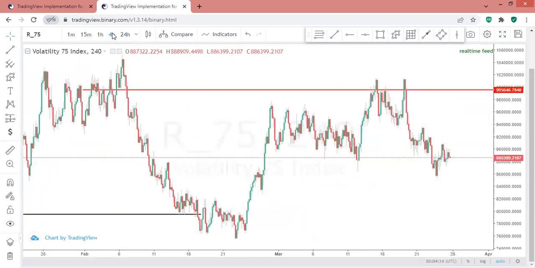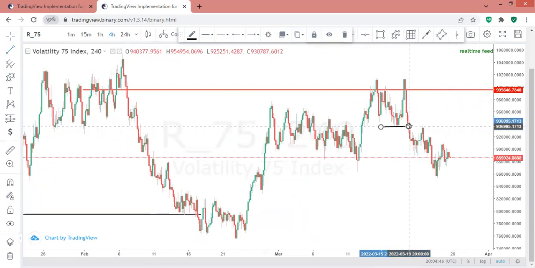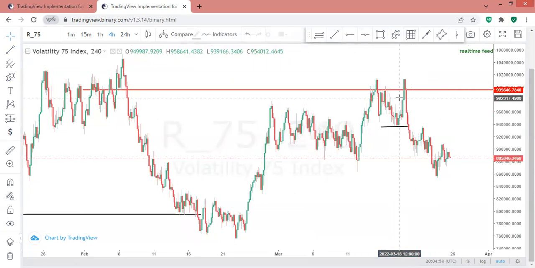Where we have more information to play with. See, this is where it activated from, and look at it. It broke structure here on 4 hours as well. This is a 4 hours break of structure. This is an imbalance too. Maybe it's trying to come into this imbalance area.